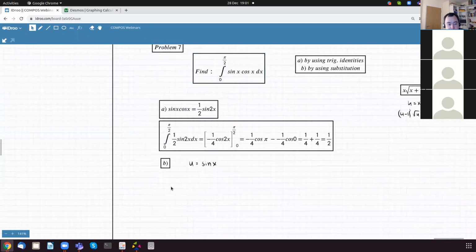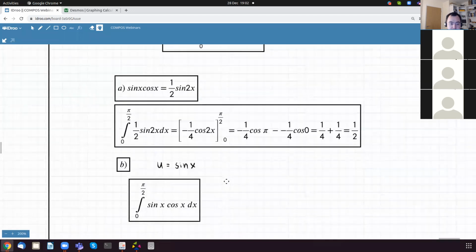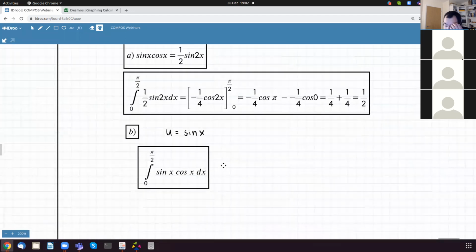Now, substitution is probably the most difficult method of integration. But some substitutions can be very simple, and sometimes substitutions are incredibly hard.